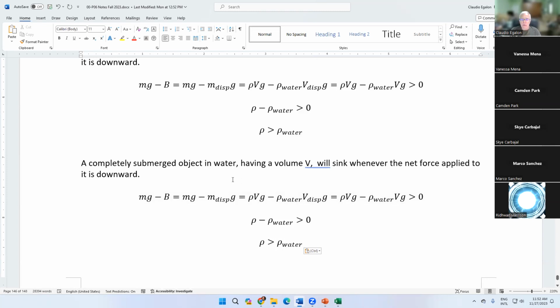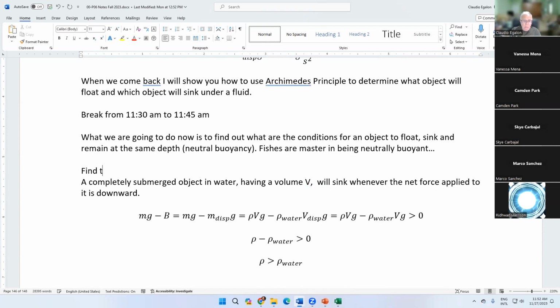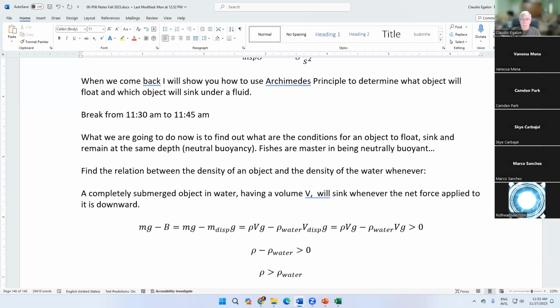A completely submerged object in water with a volume V will float whenever the net force... you know what?